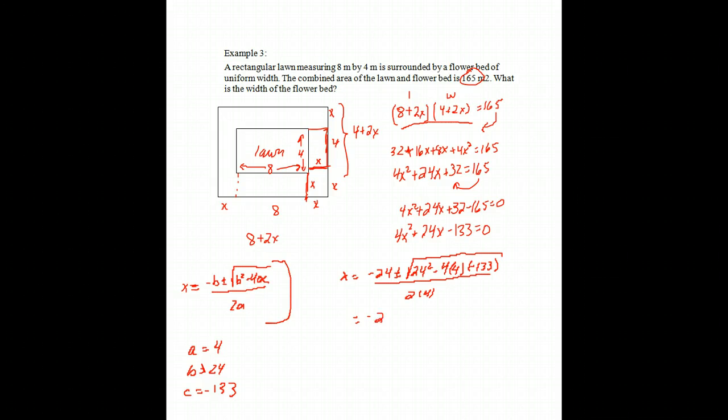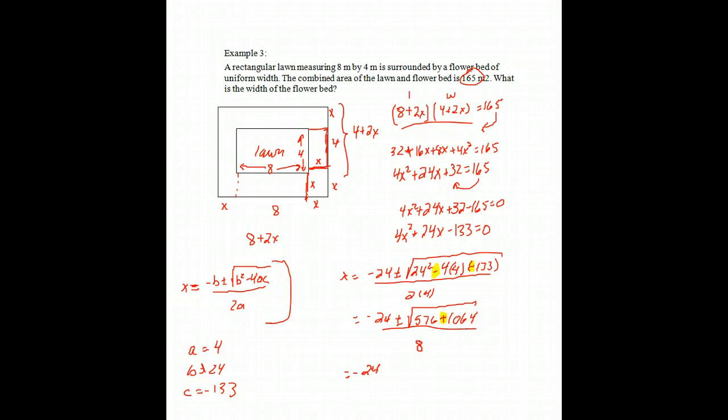So we have negative 24 plus or minus the square root of 576 plus 1064. And you should be careful here because you have two negatives, and remember that they will combine to give you a positive when you're multiplying. Divide by 8.